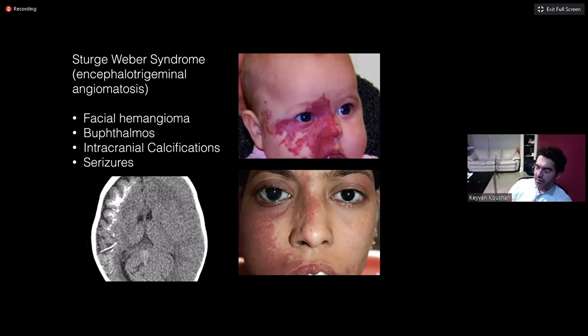Sometimes you have even developmental delay. Sometimes there's no developmental delay, and sometimes there's seizures, sometimes there's no seizures. So from a general developmental perspective, they can be 100% normal. They can only have this in the eye and face, but sometimes there's association with some CNS abnormalities.